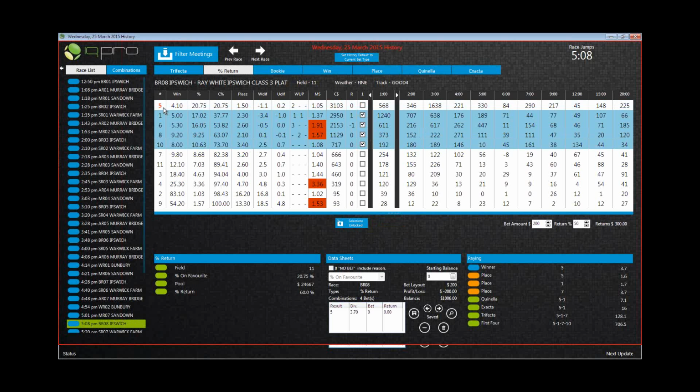Our weak favourite is number 5, holding 20.75% of the money at the top of the field. According to the cumulative dollars column, and indeed at the 1 minute mark, the runners most money competitive with our weak favourite are these 2 runners here, as defined by this separator.